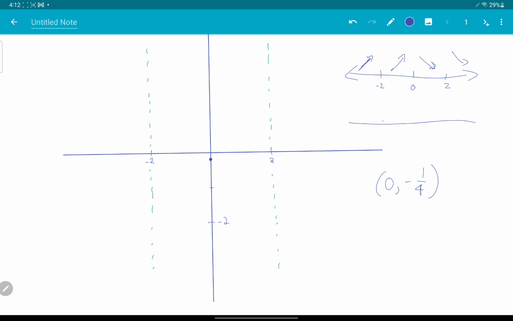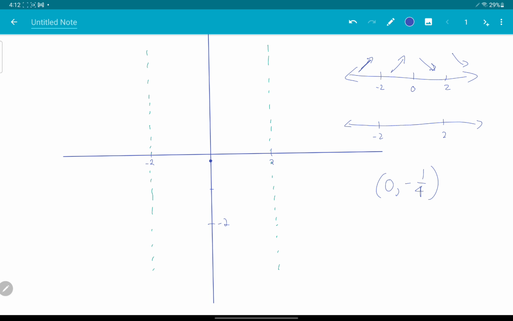And then for my concavity, I had just -2 and 2. And it was concave up, concave down, concave up. Okay, so I should be able to connect the dots from here and figure out what's happening.